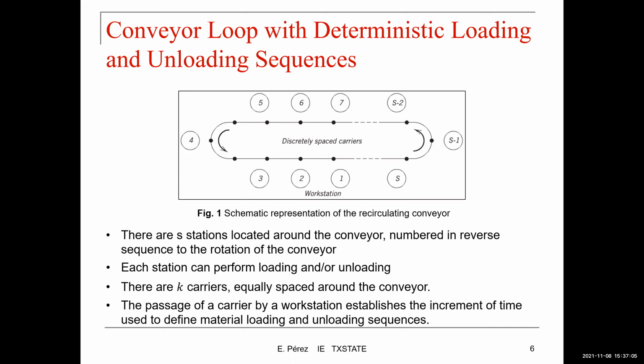So there are S stations located around the conveyor, numbered in reverse sequence to the rotation of the conveyor. Each station can perform loading and/or unloading. And there are K carriers equally spaced around the conveyor, and the passage of a carrier by a workstation establishes the increment of time used to define material loading and unloading sequences.